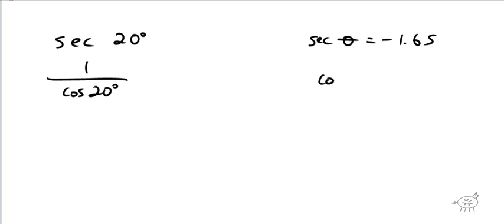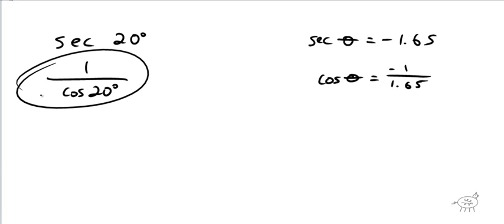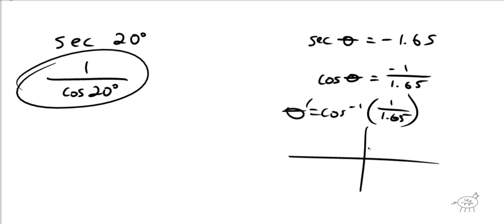And this is cosine of theta equals negative 1 over 1.65. Okay, so this one you're just going to get an answer real quickly. This one you do inverse cosine of, of course, positive 1.65 to get your reference angle. And then you figure out your quadrants and subtract from 180, or add 180, or subtract from 360, or take the actual answer if you're in the first quadrant. Okay, so two kinds of problems. Make sure you know how to do both of them.